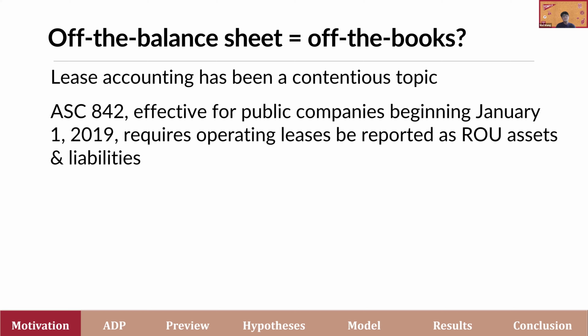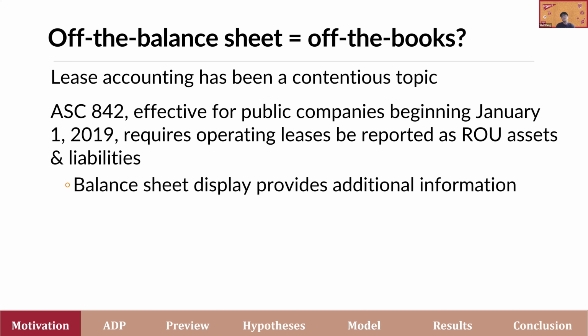ASC 842 is the latest effort by FASB to improve the transparency of lease accounting. Beginning January 1st, 2019, all publicly listed companies were required to recognize operating leases on their balance sheets as right-of-use assets and corresponding liabilities.